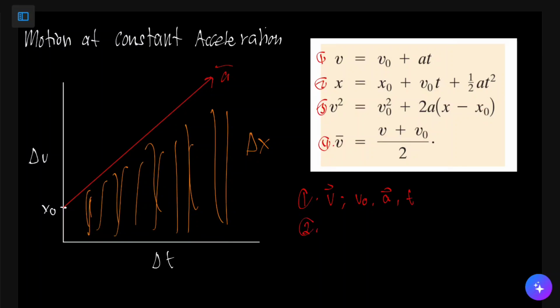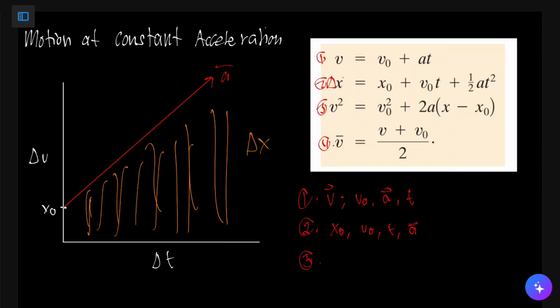For number two, if you want to find the displacement, given that you have your initial position, your initial velocity, your time, and your constant acceleration, you can use number two.